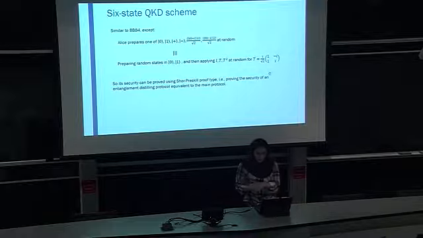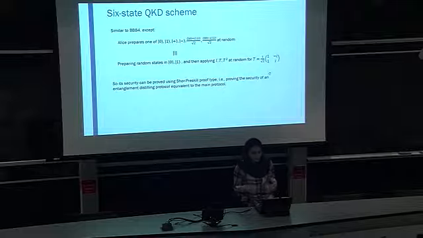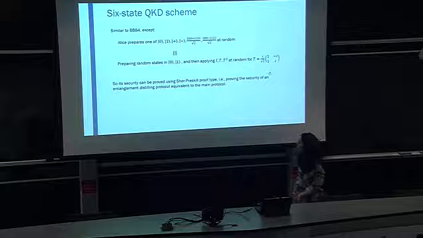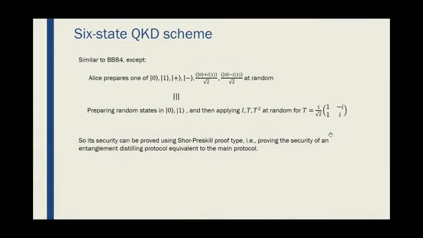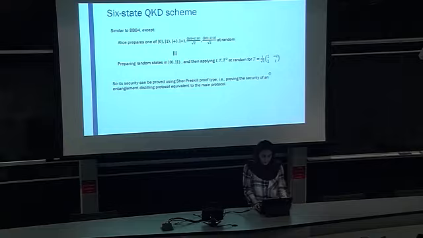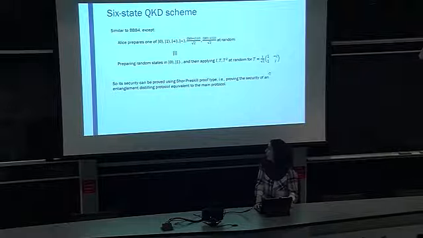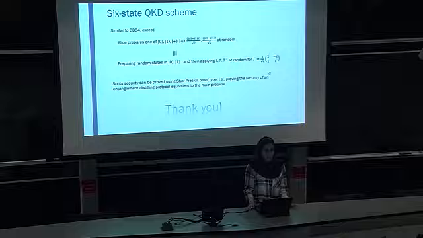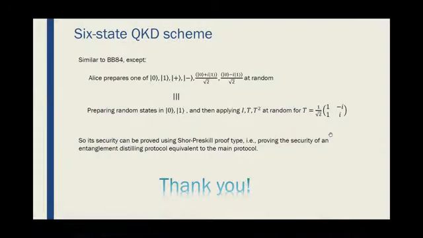So similar to BB84, one can define an entanglement distillation protocol, which can basically be reduced to the 6-state QKD scheme, and the proof of security of that would be very similar to what we did for BB84, and basically the Shor-Preskill proof can be applied there. So I guess that's it. Thank you for your attention.